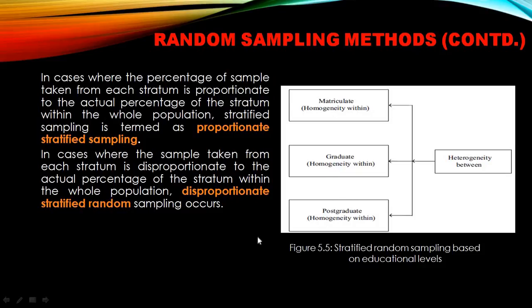What we try to do is very important. When we pick samples in a stratified manner, the sample extracted from a population should have matriculates, graduates and postgraduates in a similar proportion as they exist in the population.